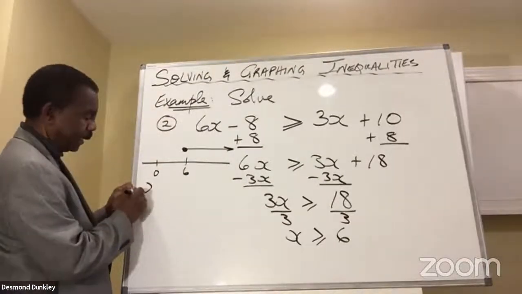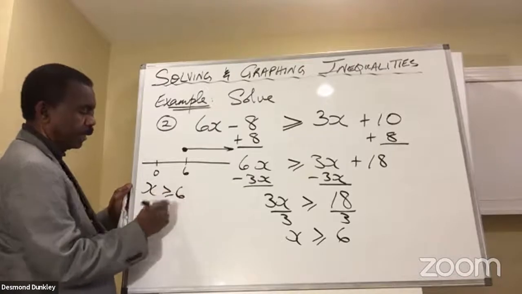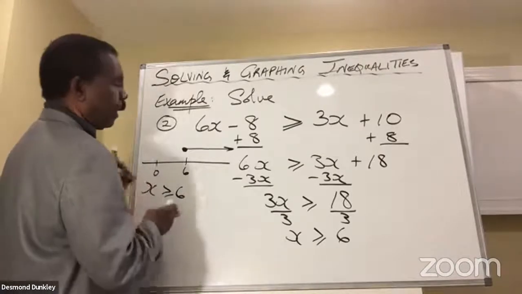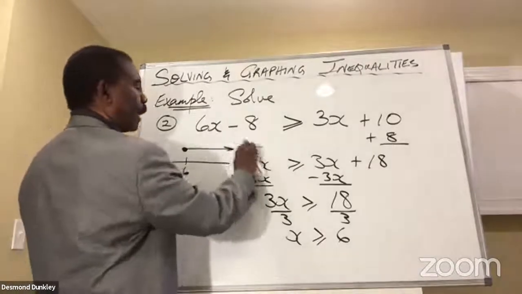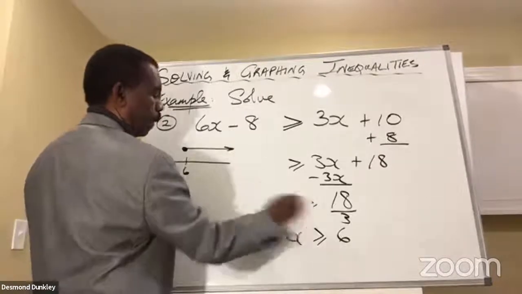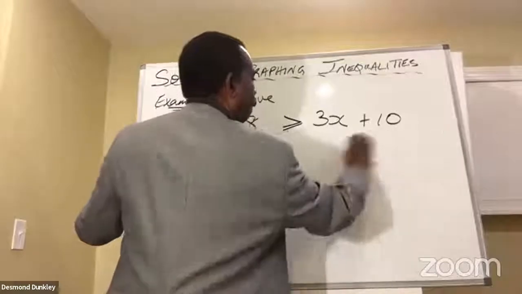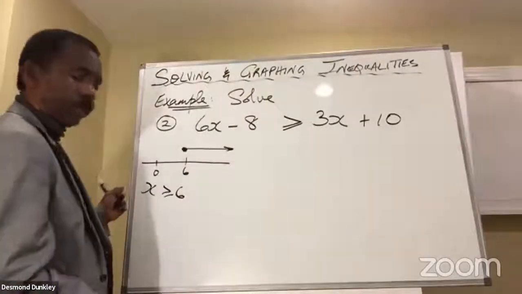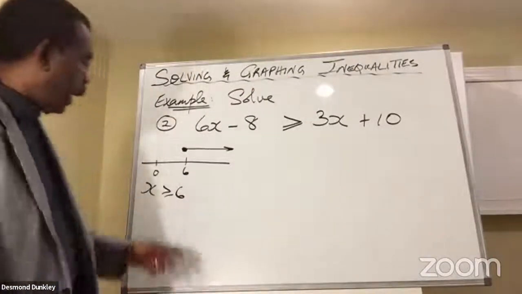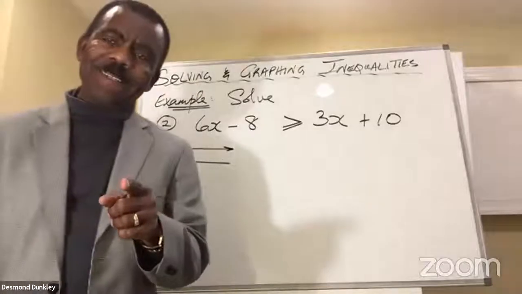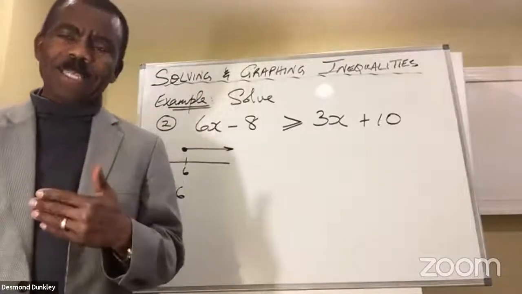We're saying that x greater than or equal to 6 would work. So what we could do now is we could check to see if that's true. So x has to be greater than or equal to 6.